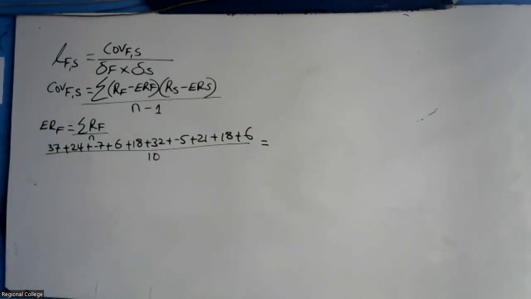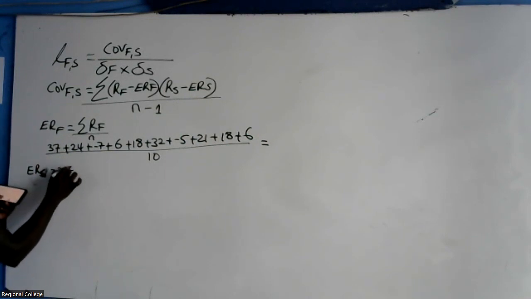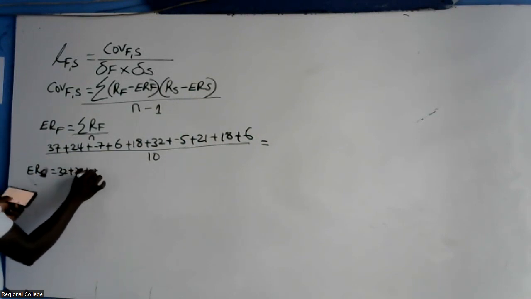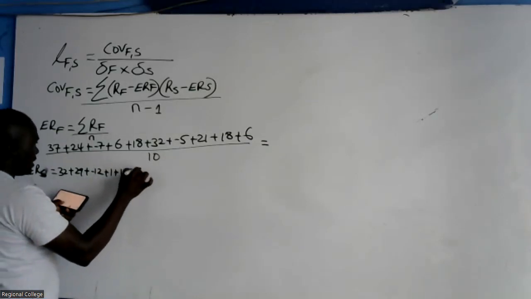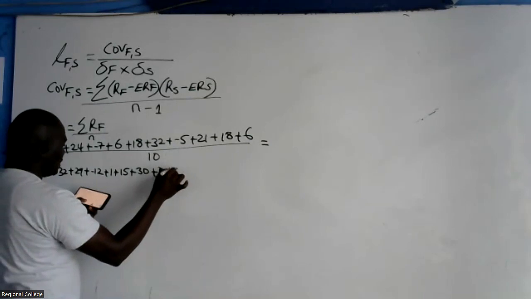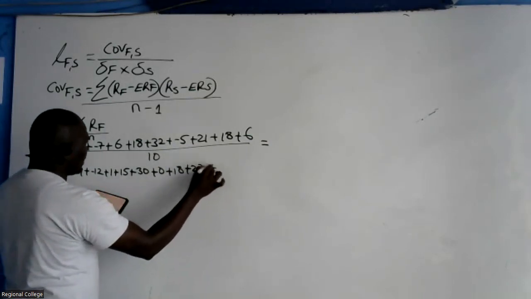My n is 10, clear. When I count the expected returns of S, I'll have 32 plus 29 plus negative 12 plus 1 plus 15 plus 30 plus 0 plus 18 plus 27 plus 10.